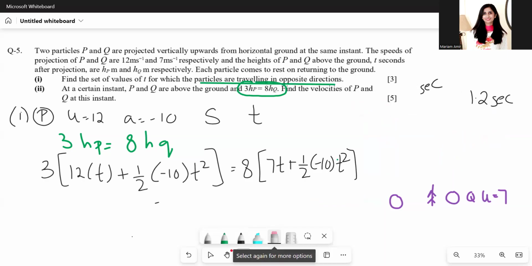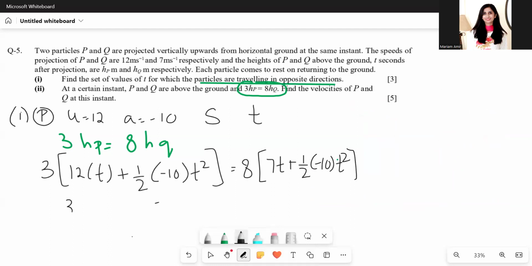We simplify this and get a value of t. And once we have t, we find the respective v's. Okay, let's see what we get here. 3 times (12t - 5t squared) equals 8 times (7t - 5t squared).